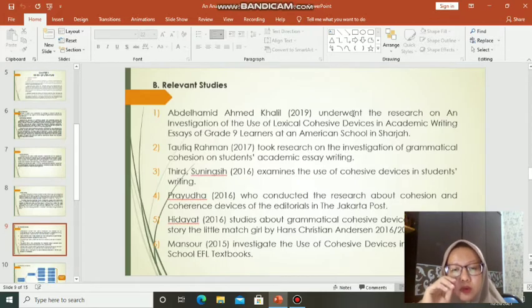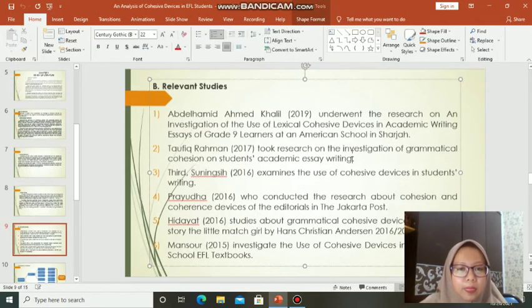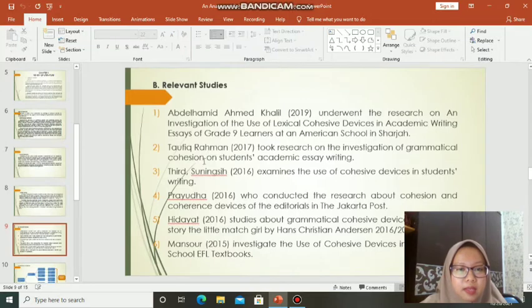So the difference between this study and the further studies is that this study only used lexical cohesive devices to analyze the writing essays. And then the second is Taufik Rahman, 2017, who took research on the investigation of grammatical cohesion in students' academic essay writing. Taufik Rahman only used grammatical cohesion.